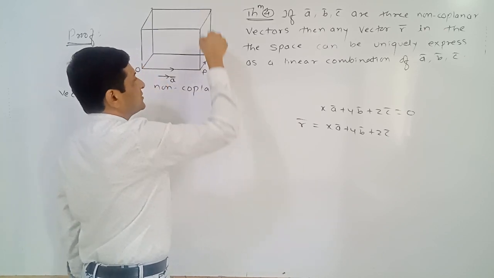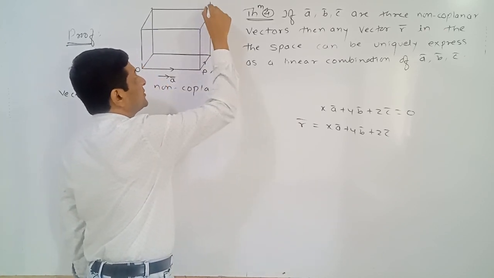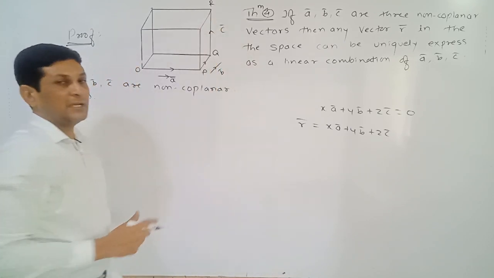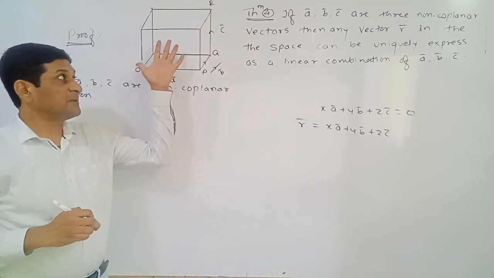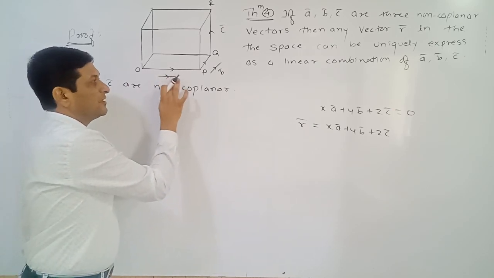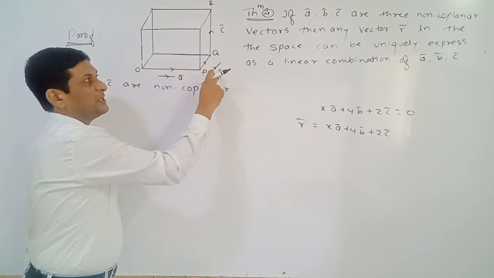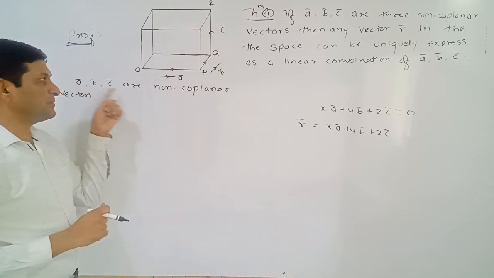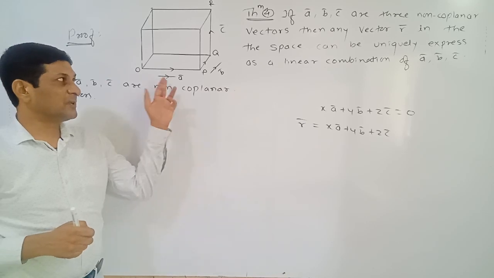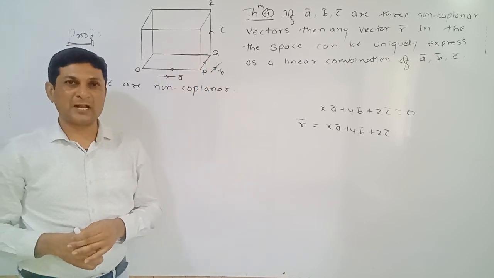And its third edge, say QR bar, is parallel to C bar. Now we have constructed a parallelepiped such that its edges are parallel to A bar, B bar and C bar, which are non-coplanar vectors. Let us check whether these vectors are non-coplanar or not.